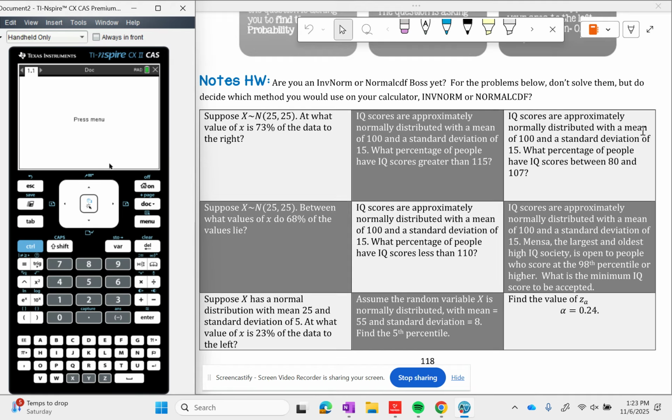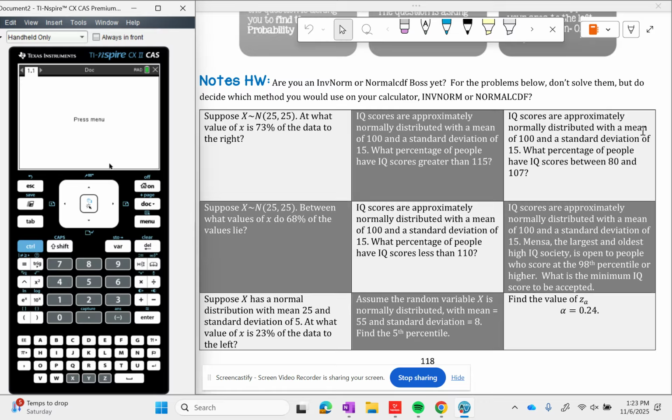All right, IQ scores are approximately normally distributed with a mean of 100 and a standard deviation of 15. Mensa, the largest and oldest high IQ society, is open to people who score at the 98th percentile or higher. What is the minimum IQ score to be accepted? So envision this, right? You've got a curve. You've got the 98th percentile.